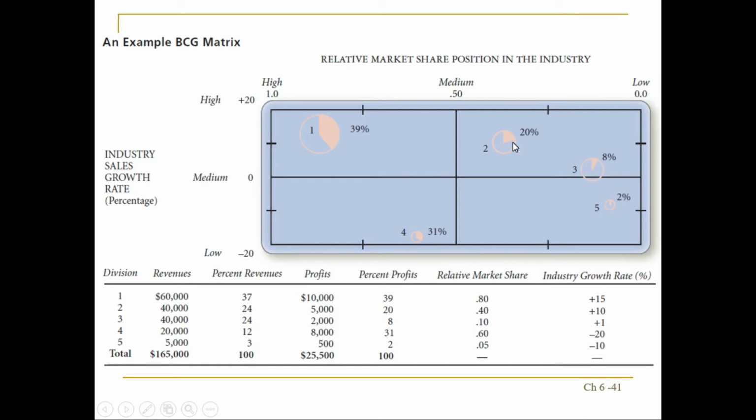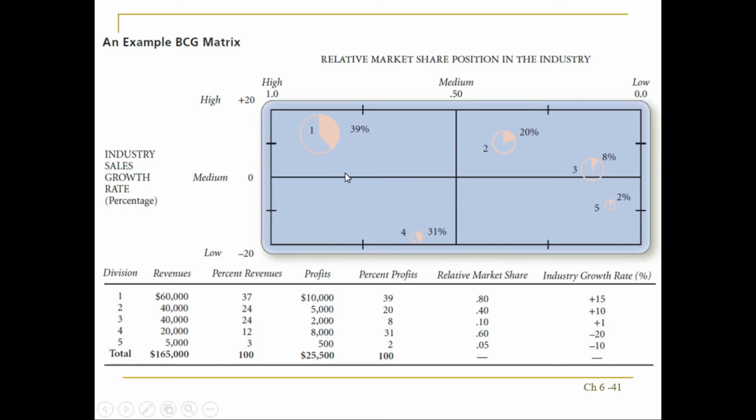Your second division as well as the third division both lie in the question mark quadrant. Then the fourth one with negative growth and high market share is located in the cash cows, and with negative growth and less market share, that lies in the dogs. So in that case, you can locate your own division and decide about your future.